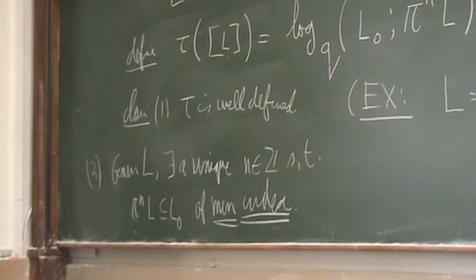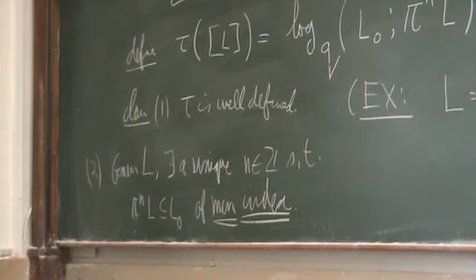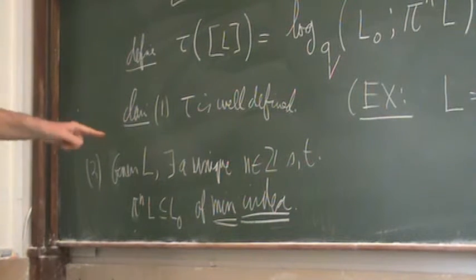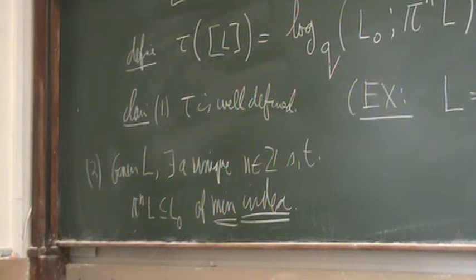Why is this unique? Think about it. If you have two representatives which are both integral and of the same index, and they are equivalent to each other, it means that one is obtained from the other by multiplication by some power of pi.